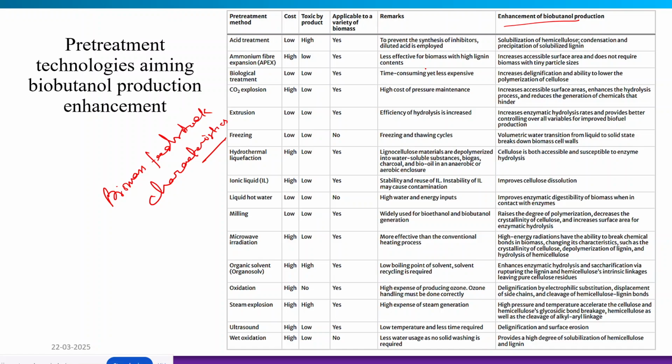Coming to the acid treatment process, here we solubilize the hemicellulose, with condensation and precipitation of the solubilized lignin.